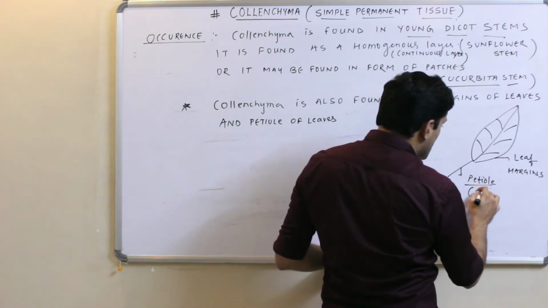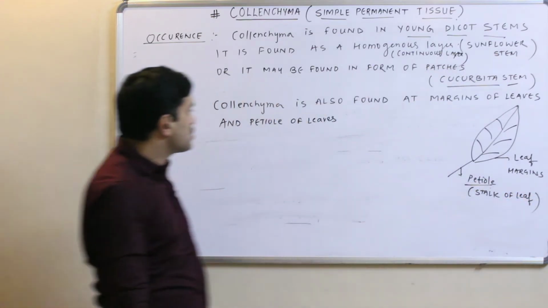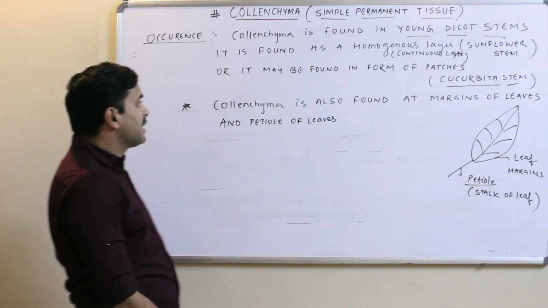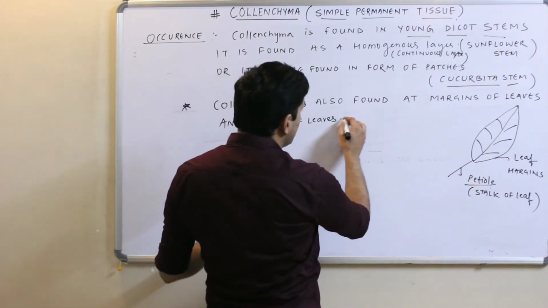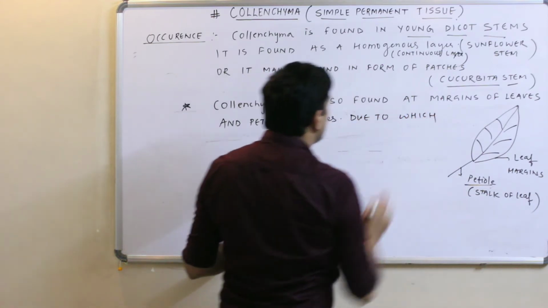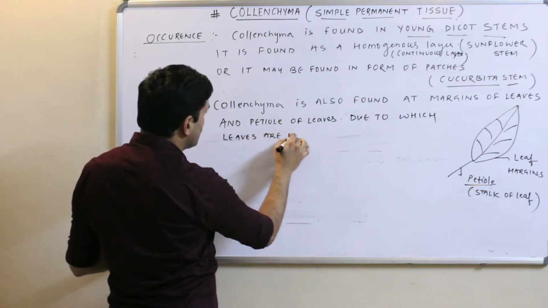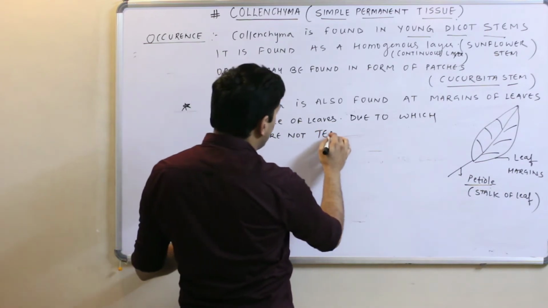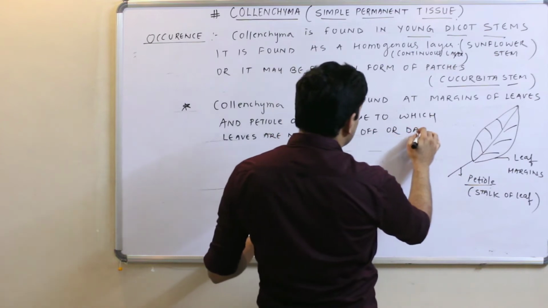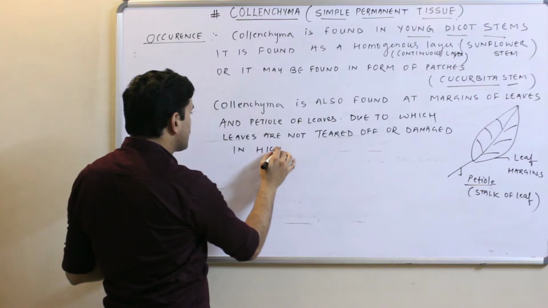Petiole is the stalk of the leaf. So collenchyma is also found at the margins of the leaves and petiole of the leaves, due to which leaves are not torn off or damaged in high winds.